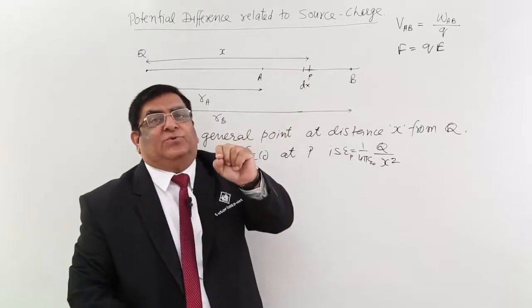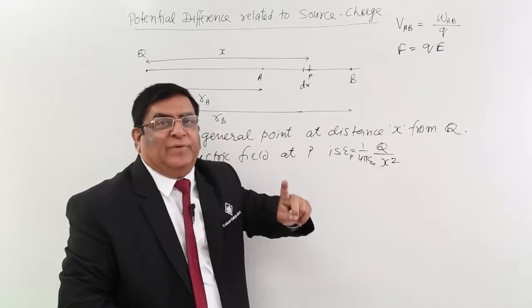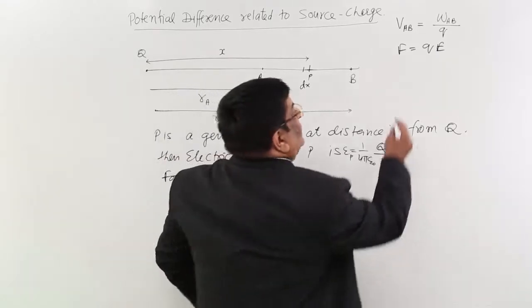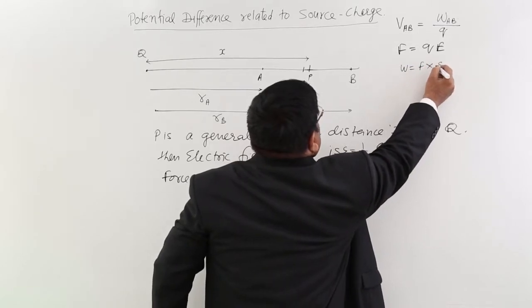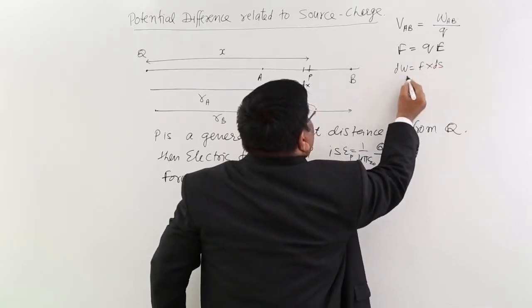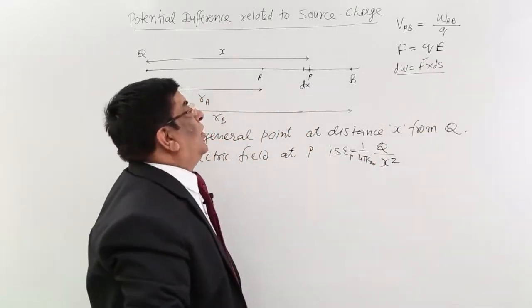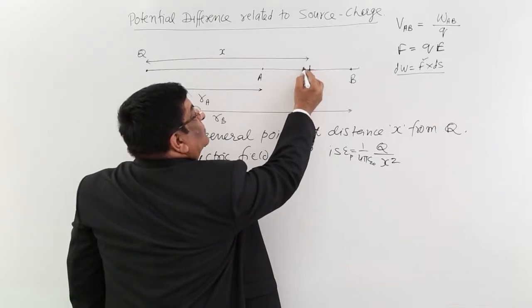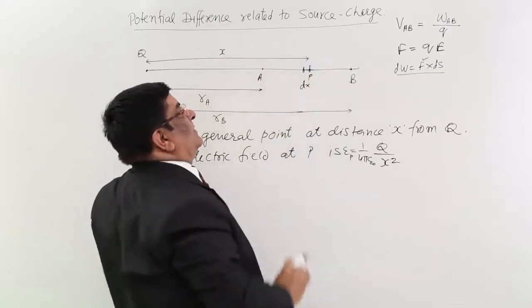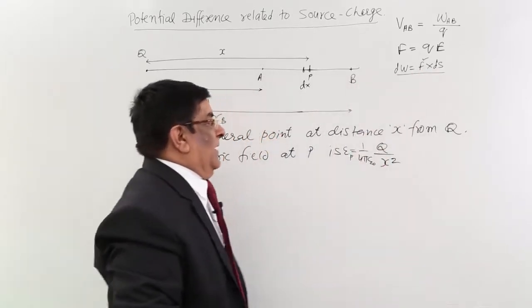And if there is no change in the force, then I am permitted to use the formula that work is equal to force into displacement. This we can use only when the force is not changing on the way. But dx is so small, we assume that force is not changing from this place to this place. So, we are allowed to use this formula.